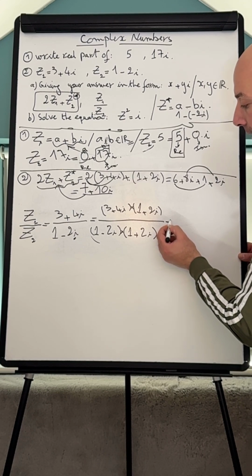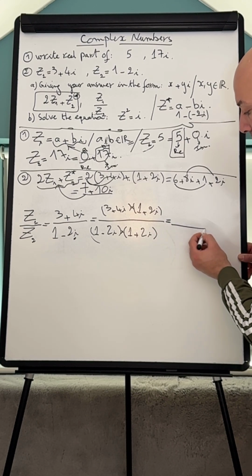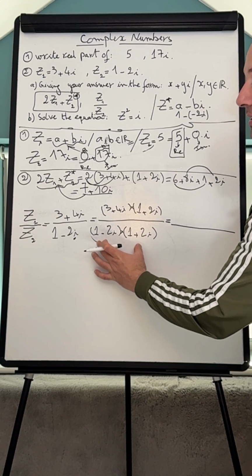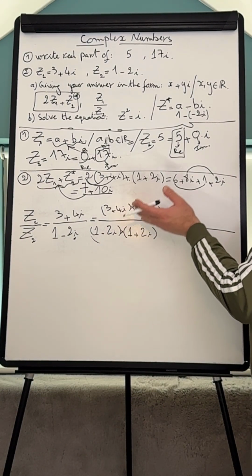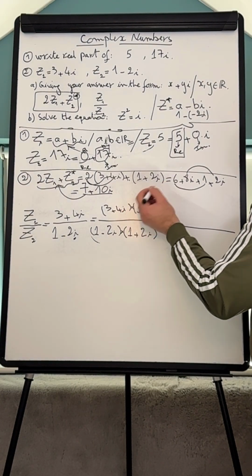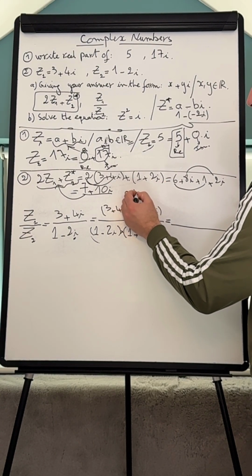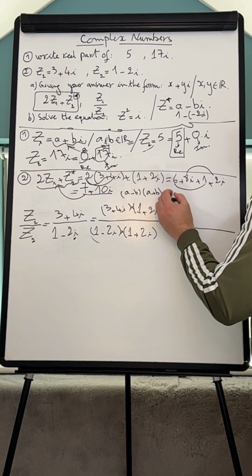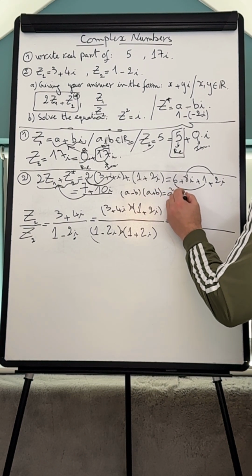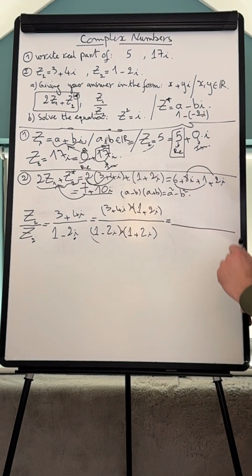Okay, now we always start with the bottom, because this is what concerns us. This is what is really important for us. This is exactly what I wrote before: a minus b times a plus b equals a square minus b square.